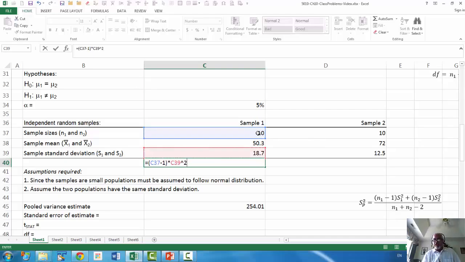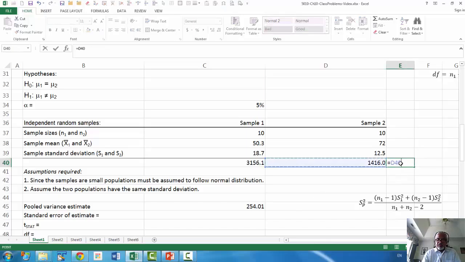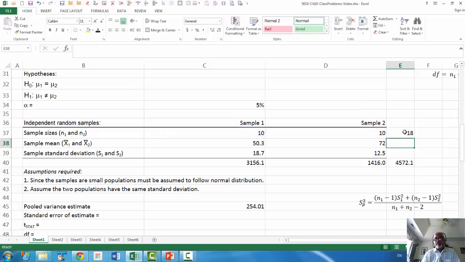So that's that part for sample 1. Now we can copy this over. Now when you add those two, we get the numerator. So add the two. Okay, and then we can add n sub 1 plus n sub 2 minus 2.